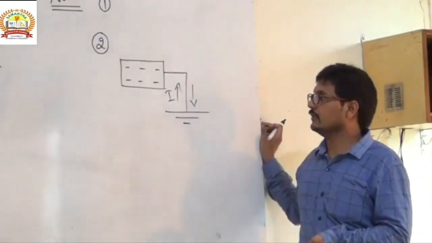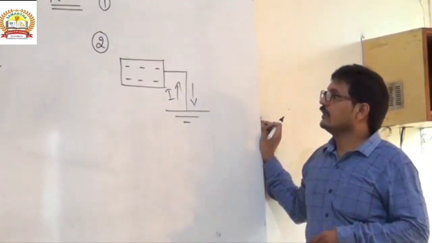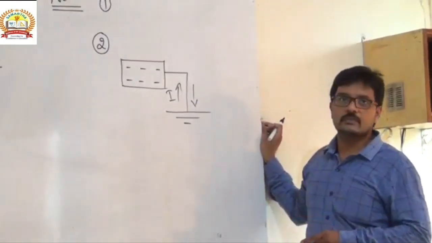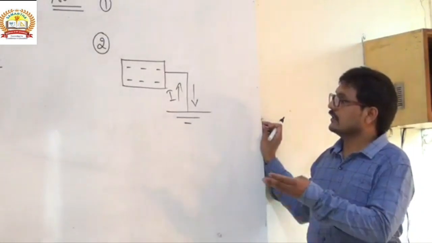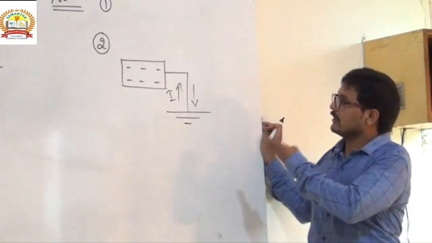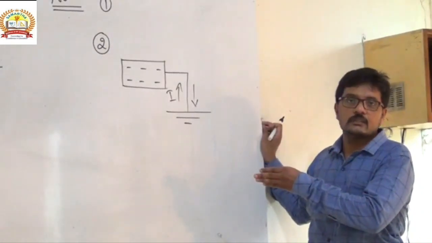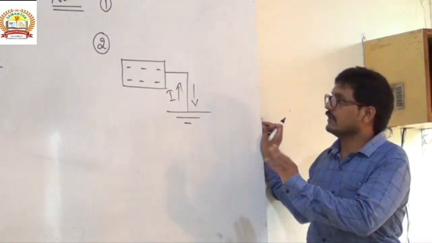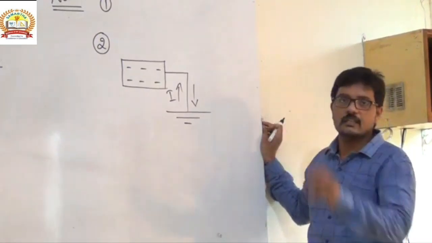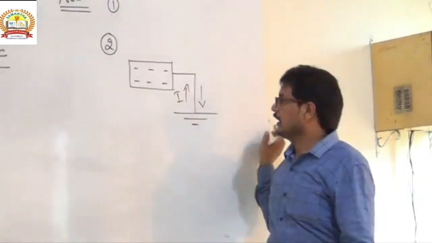After earthing, the electrons flow from the body to the earth till the potentials become the same.